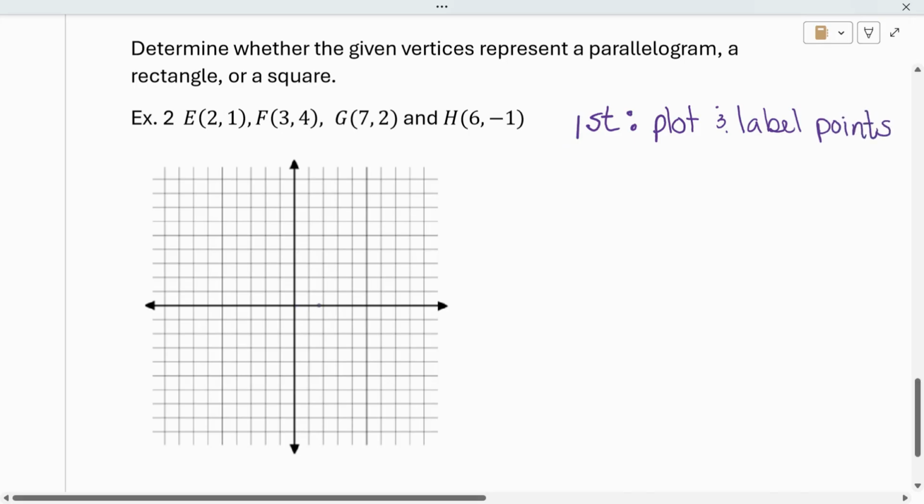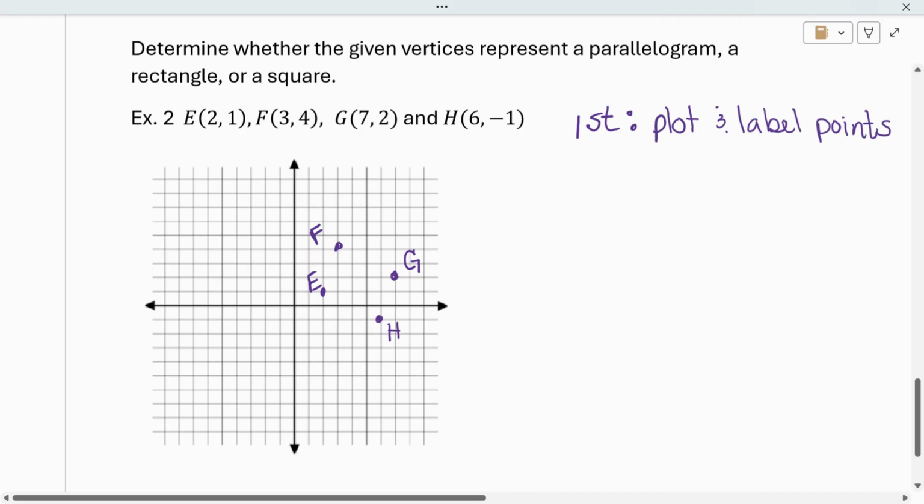Okay, so E is the ordered pair 2, 1. F is the ordered pair 3, 4. G is the ordered pair 7, 2. H is the ordered pair 6, -1.